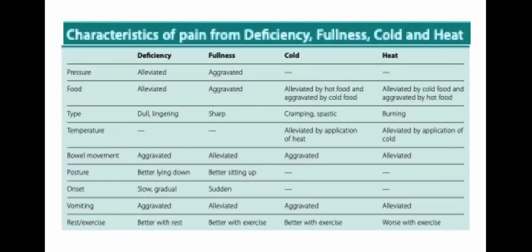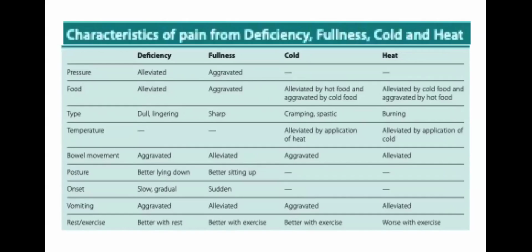Now, let us differentiate the pain resulting from deficiency, resulting from fullness, cold, and heat. If the pain is due to deficiency, applying pressure would alleviate it. If it's due to fullness, pressure would aggravate it.